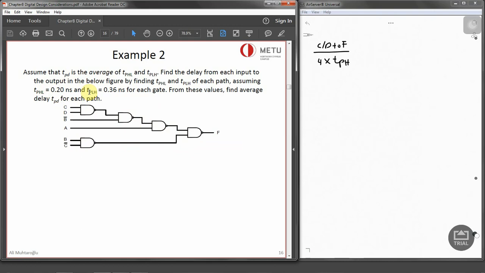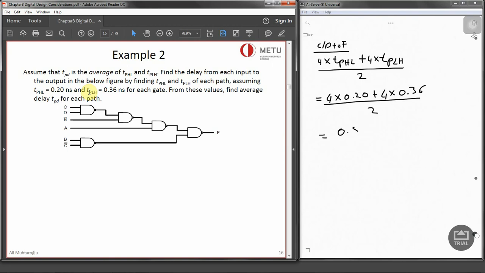That is 4 times 0.20 plus 4 times 0.36 divided by 2. So 0.80 plus 1.44 divided by 2. That's 2.24 divided by 2. We have 1.12. So that's the TPD for path C or D to F.